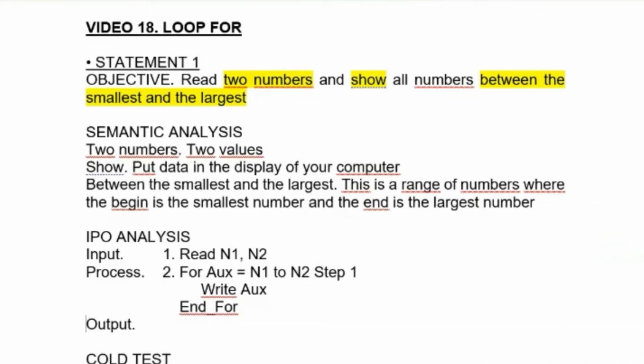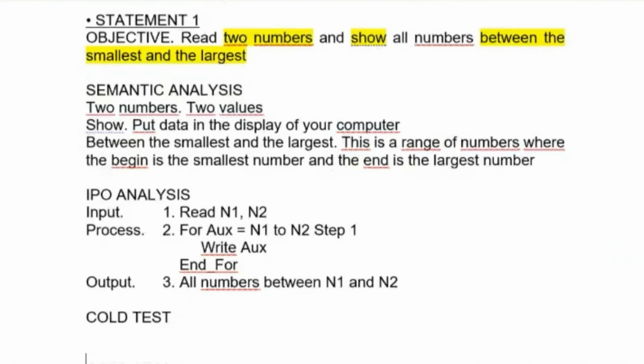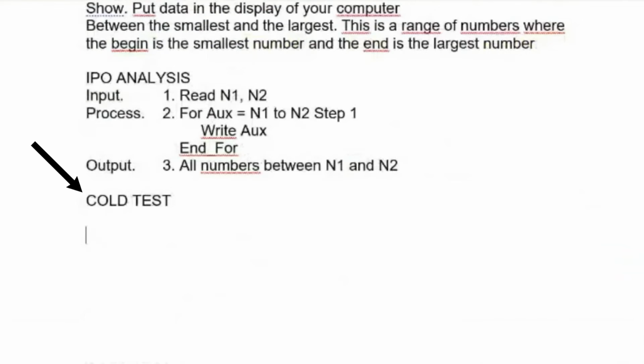The step 1 means that you are going to increase by 1 each time the content of aus in this example. So the output is all numbers between N1 and N2. Okay. Now let's see the call test.